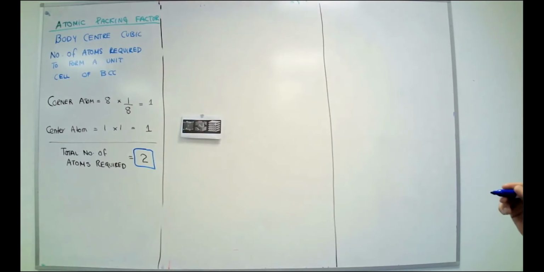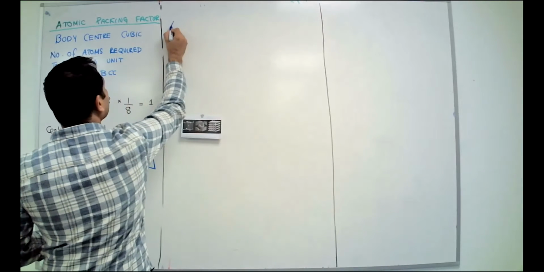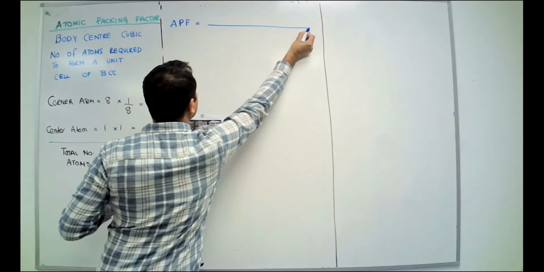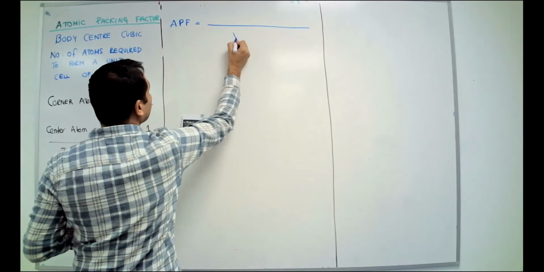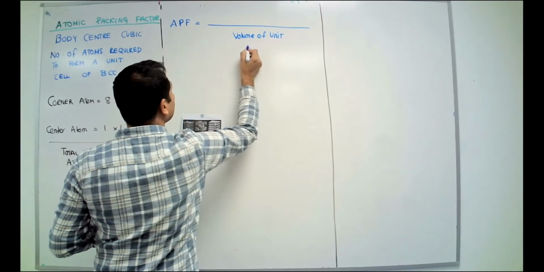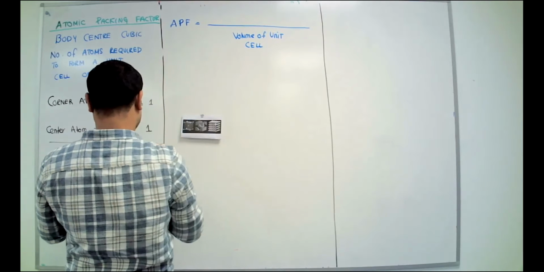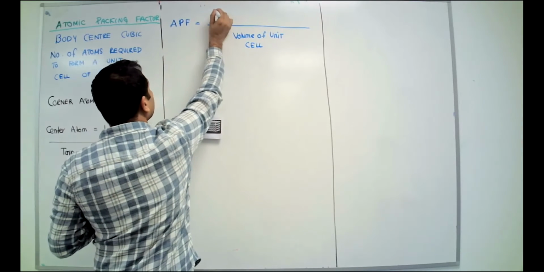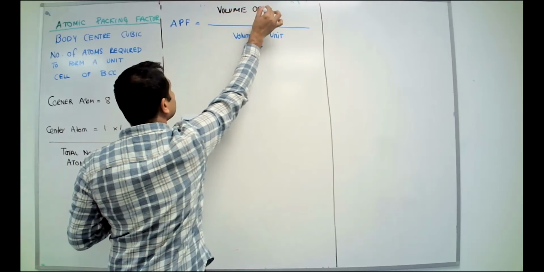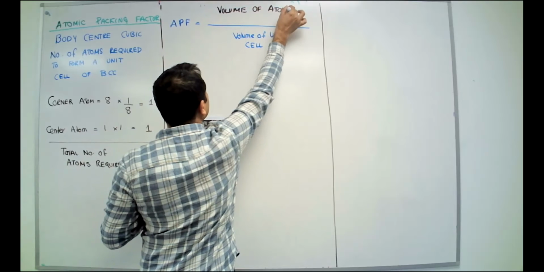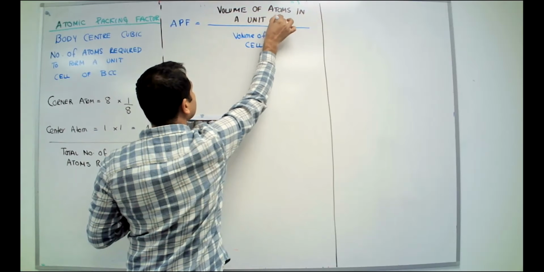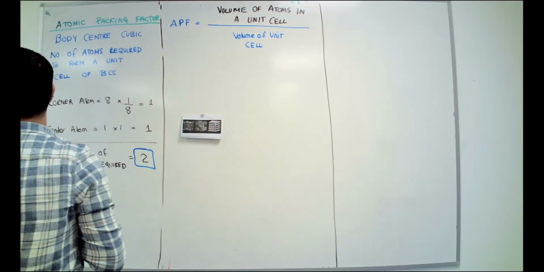The atomic packing factor has a formula: the atomic packing factor is the volume of atoms in the unit cell divided by the volume of the unit cell.